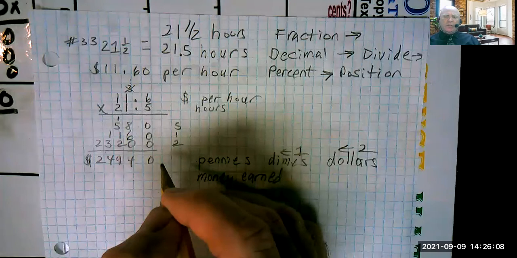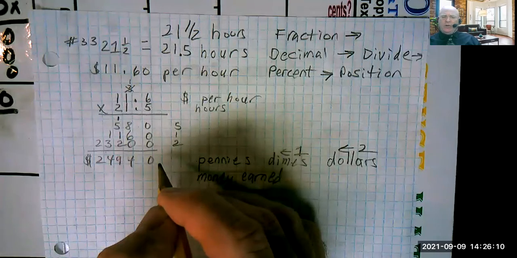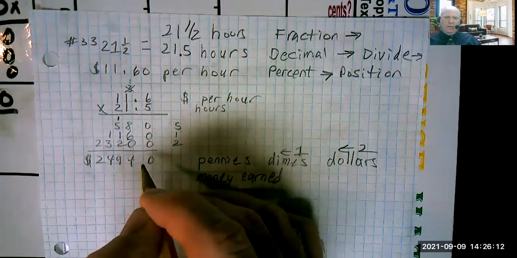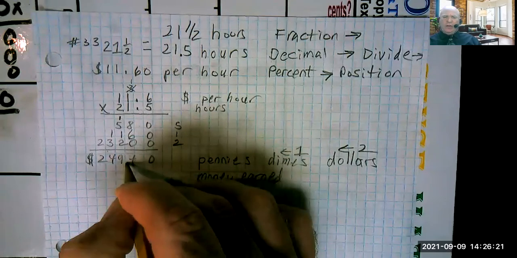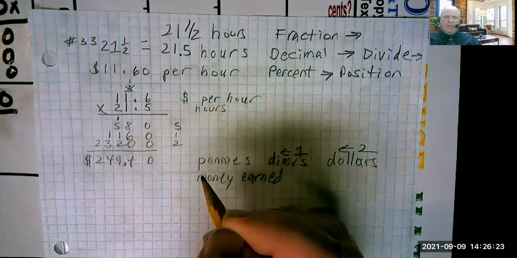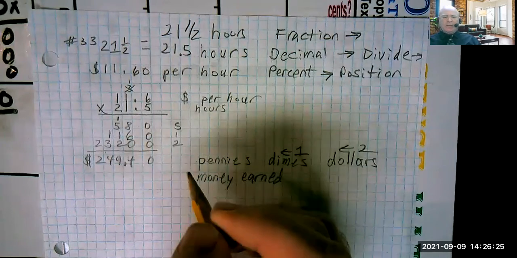Move it one position. 2,494 dimes, or in dollars, we have $249.40, which was the final answer.